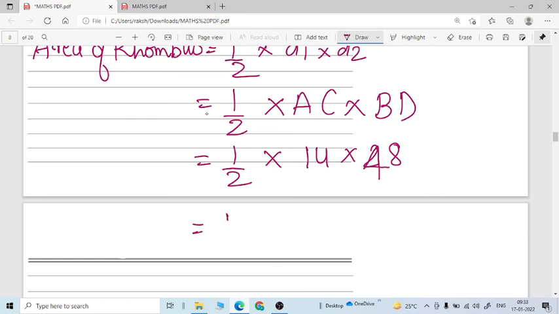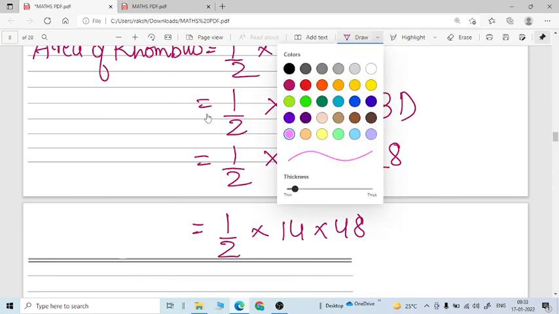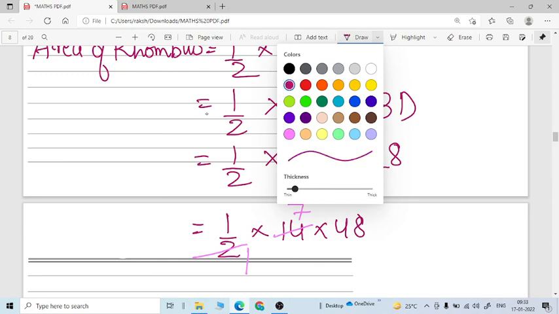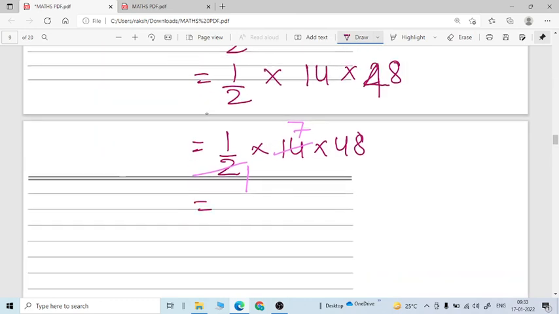Calculation part: 2 sevens are 14. Now the remaining 7 into 48. Students, calculate 7 into 48 and write in the chat section.